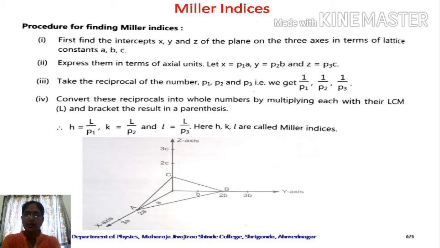It means that you have to multiply 1 upon p1 by the LCM to get h. The k value can be found by multiplying 1 upon p2 by the LCM and the l value can be found by multiplying 1 upon p3 with the LCM. And these values h, k, l are called the Miller index. You have to mention them in a bracket without any comma. This is the simple procedure to find the Miller index of any given plane.